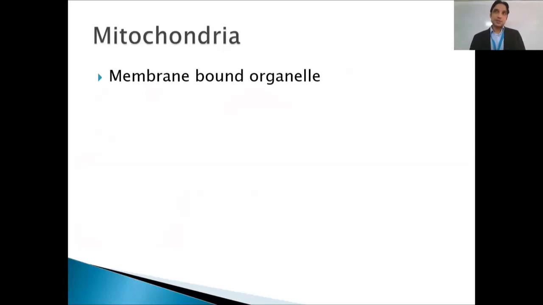It's like a dam, not that dam, the other dam, which is used to produce electricity. It acts like a place from where energy is synthesized, energy is created. So the job of the mitochondria is to produce energy. That is why it is referred to as the powerhouse of the cell.